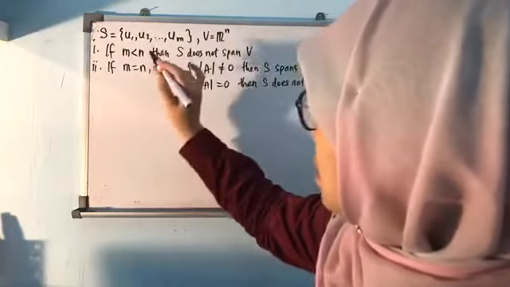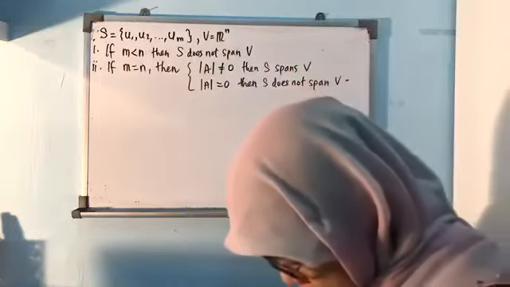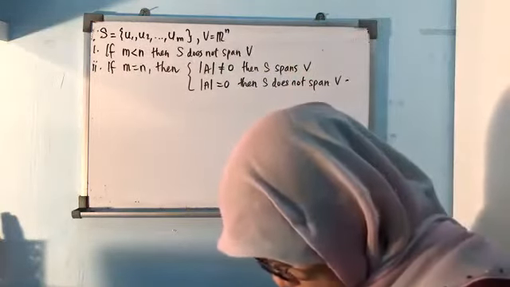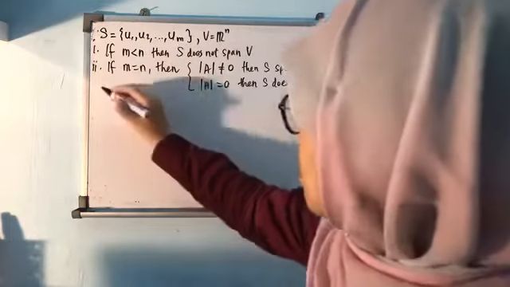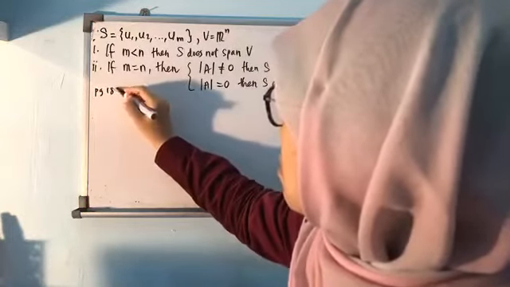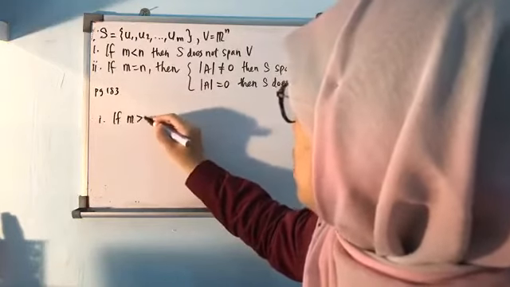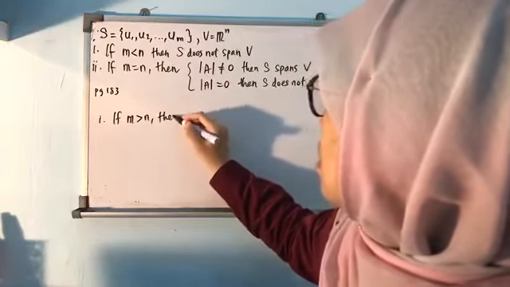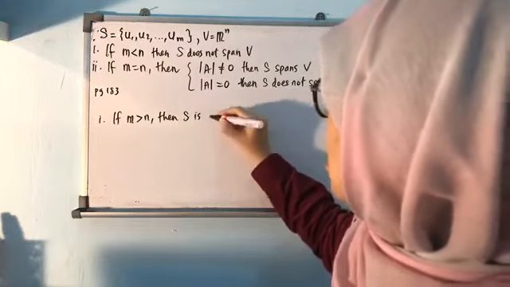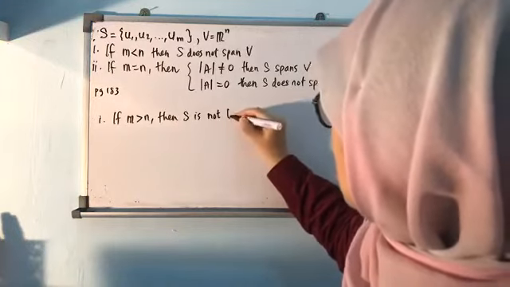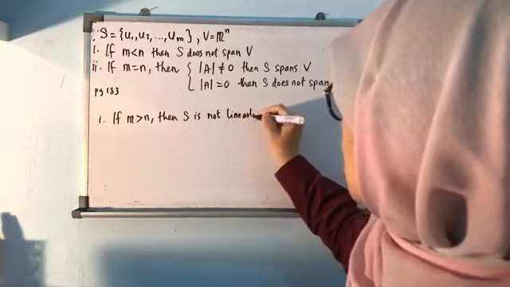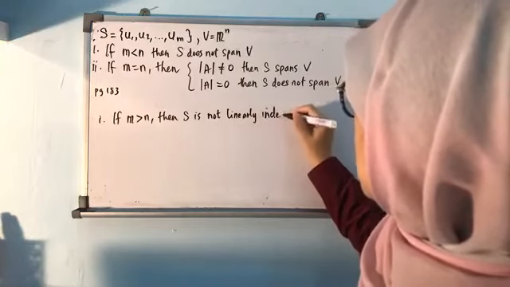Now, oops, miss spanning. Now, page 183. Okay. If M is bigger than N, then S is not linearly independent.